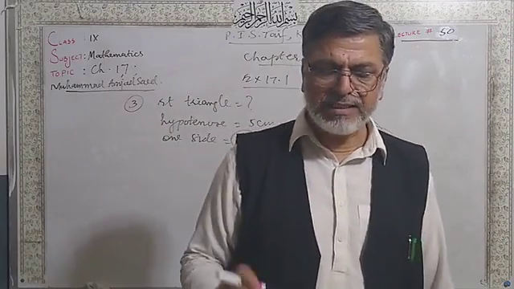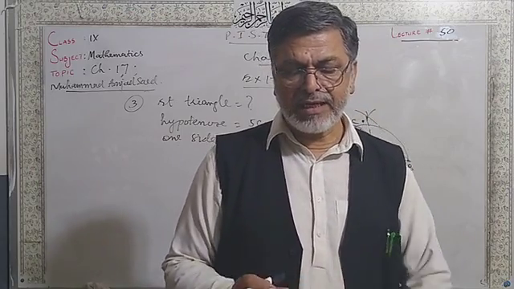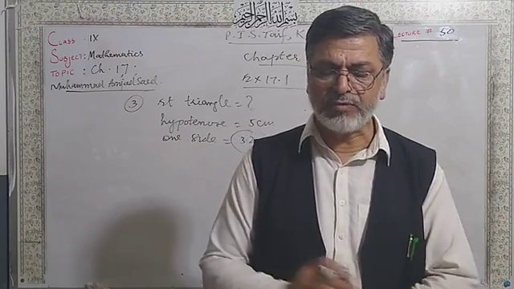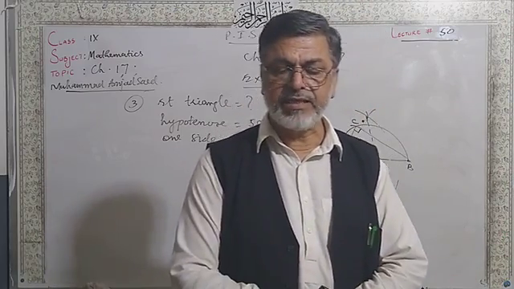After that, question number 4. Construct a right angled isosceles triangle whose hypotenuse is given. Remember that we have 2 parts and they are exactly similar.